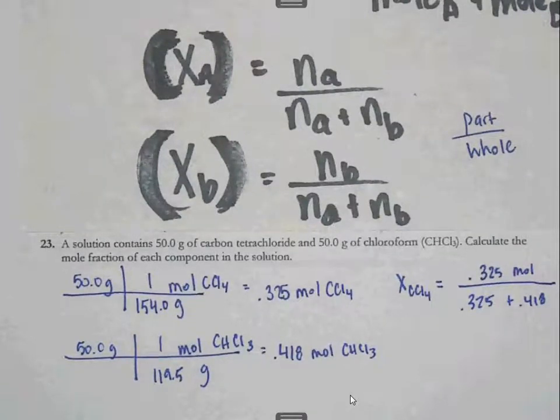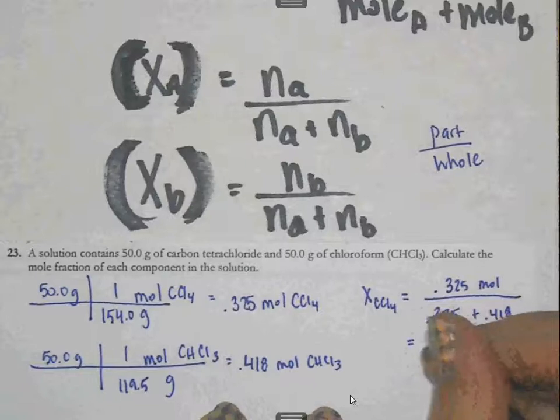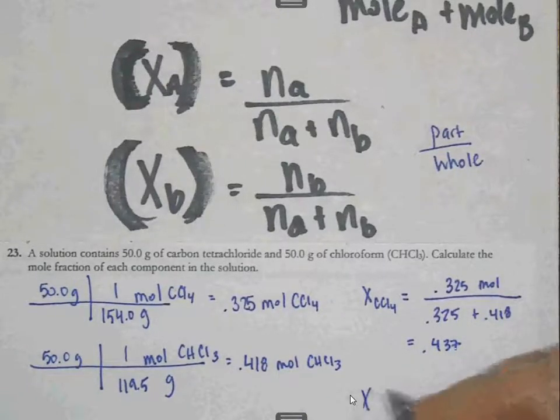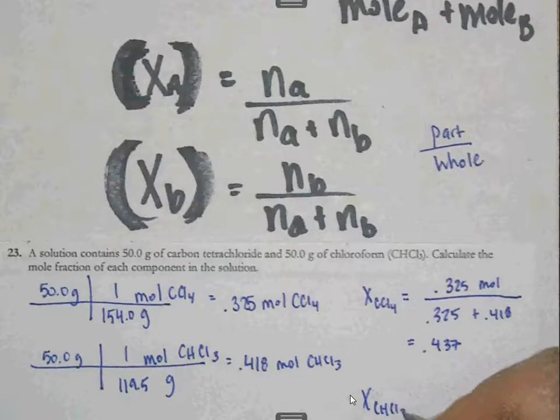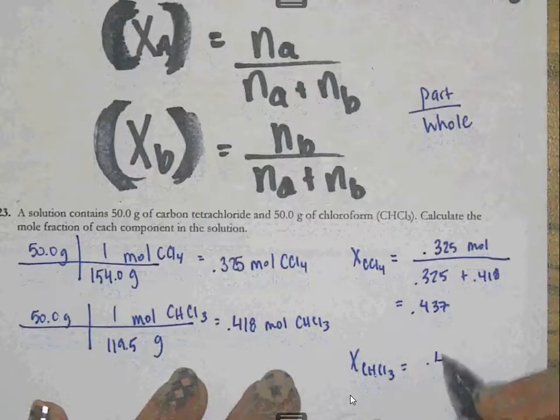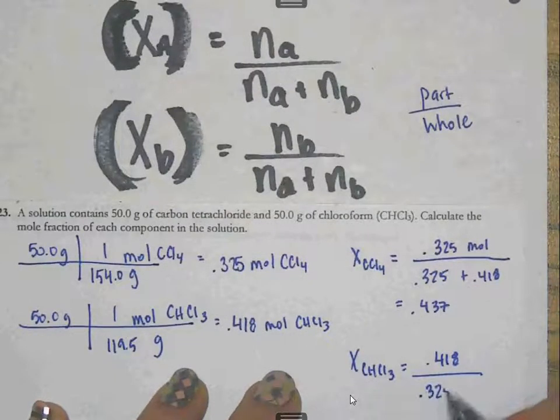Don't forget about parentheses in your problems if you want this to end up being correct. That'll equal 0.437. And then the fraction of the CHCl3 is going to be 0.418 moles over 0.325 plus 0.418.